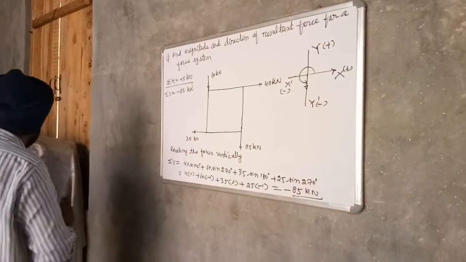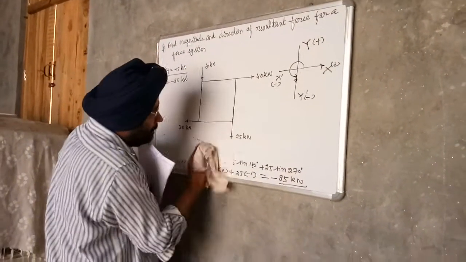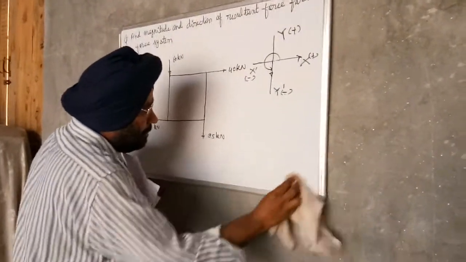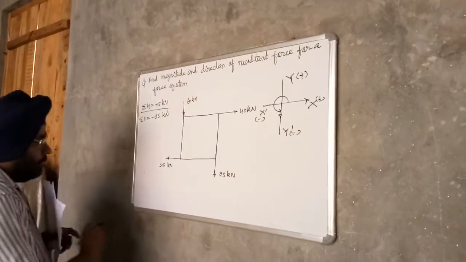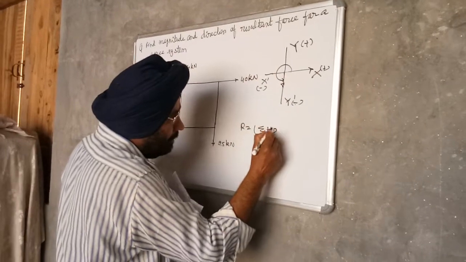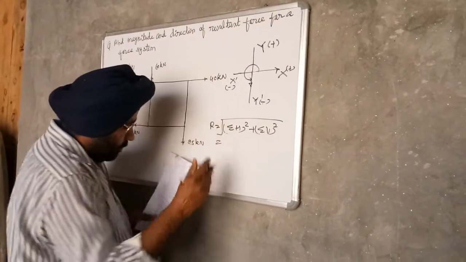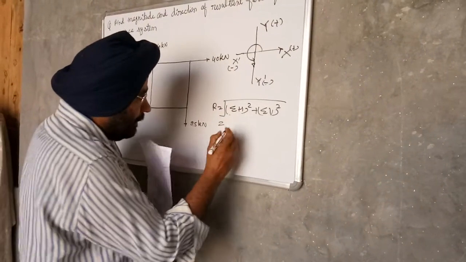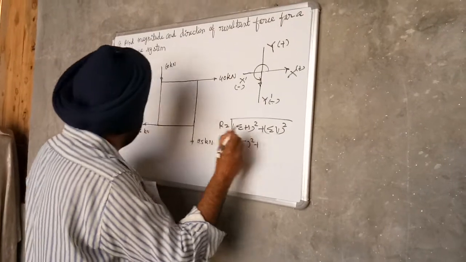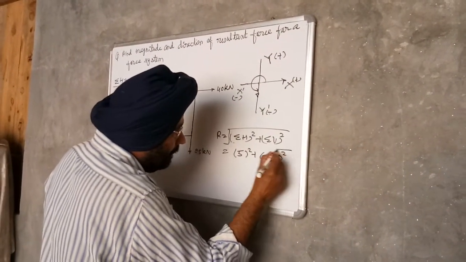Then the resultant force R. The resultant force R is equal to the square root of sigma H square plus sigma V square. So sigma H square, this is 5 square, plus sigma V, minus 85 square, under root.